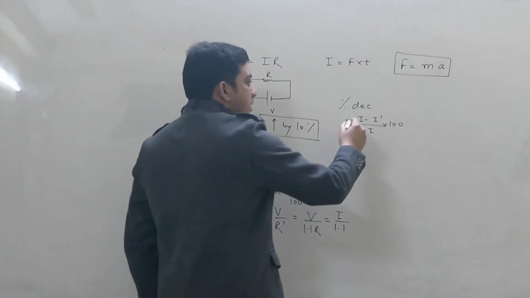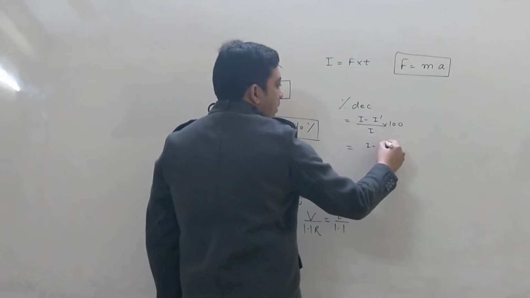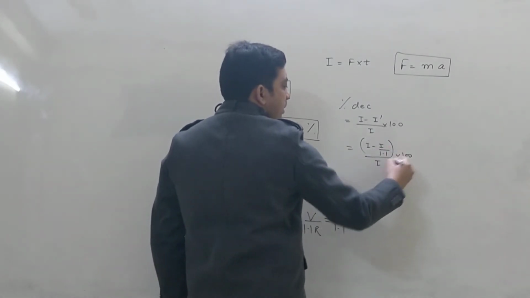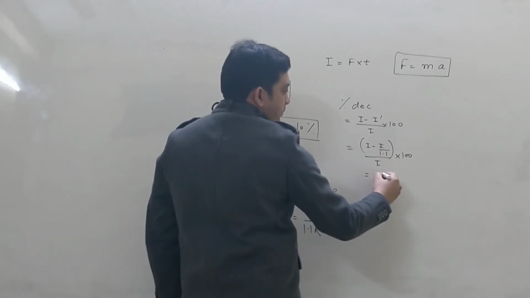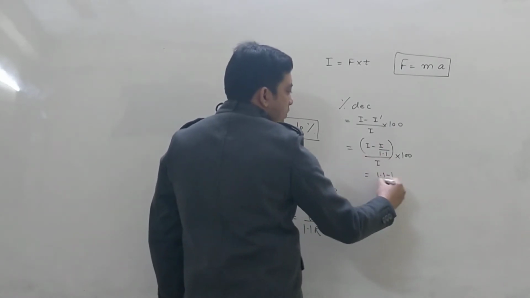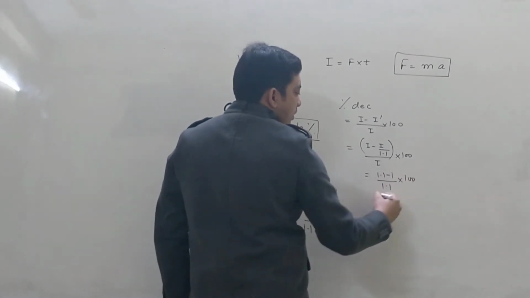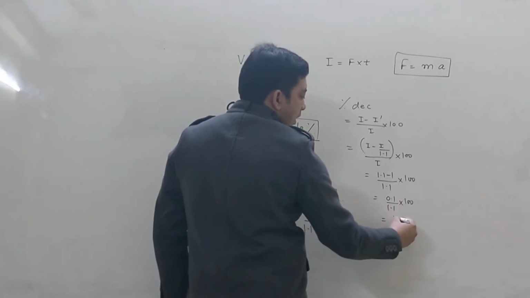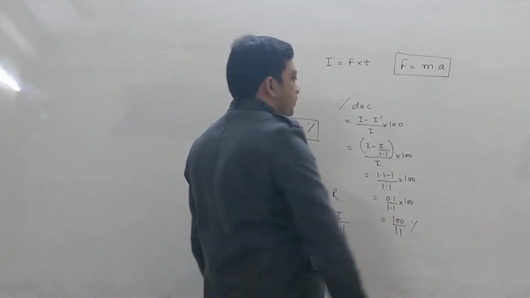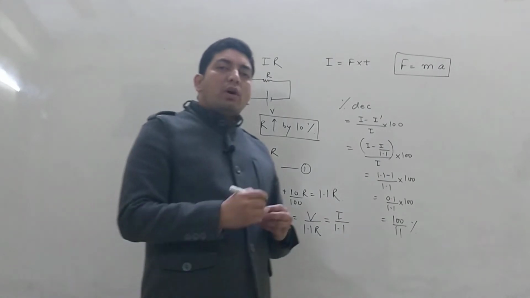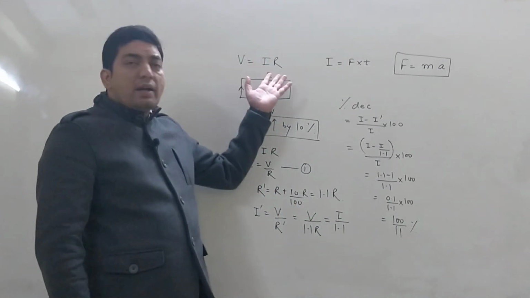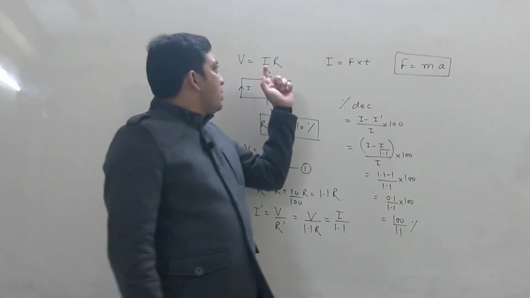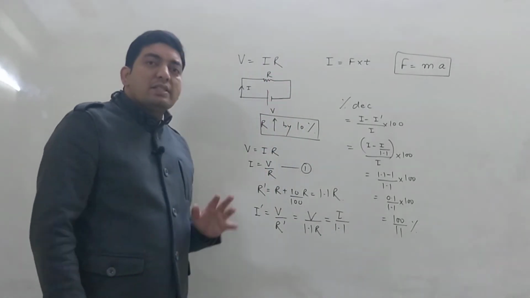So if I write the value of I dash as I upon 1.1, then it comes out to be (1.1 minus 1) upon 1.1 into 100, which will be 0.1 upon 1.1 into 100, that is 100 by 11%. So this is the basic way to solve this kind of questions, in which the product is the same and one of the quantities is increased by 10%, and we have to find the percentage decrease in current.